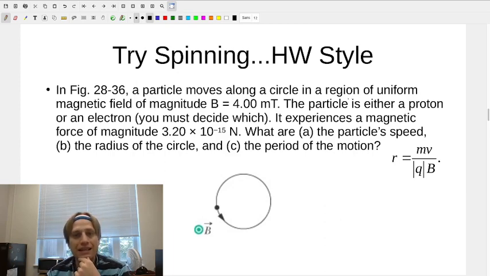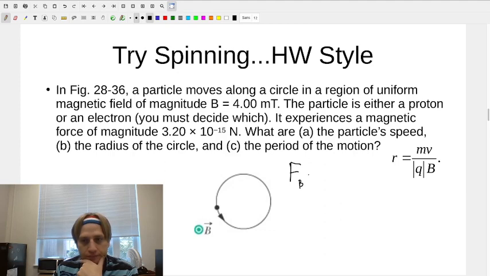The particle is either a proton or an electron. You must decide which. It experiences a magnetic force of magnitude 3.2 times 10 to the minus 15th. Okay, so FB equals 3.2 times 10 to the minus 15th newtons.